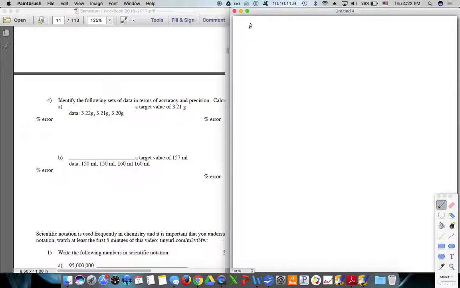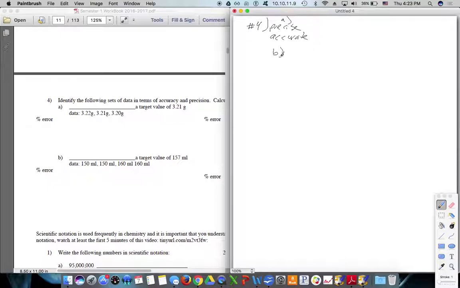So this is number 4. It is precise. And then all 3 of these data points are also close to the actual value you're looking for, so that is also accurate. So this is A.